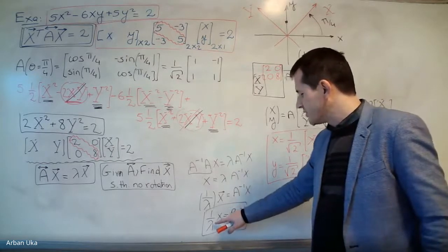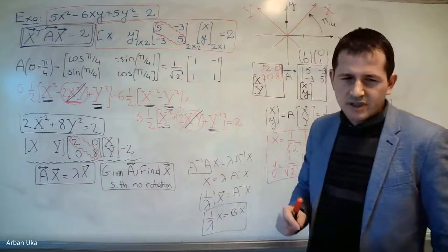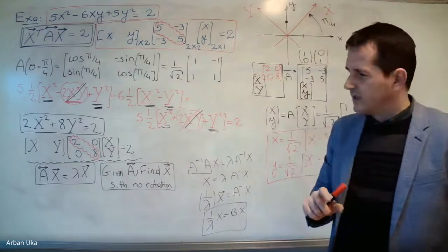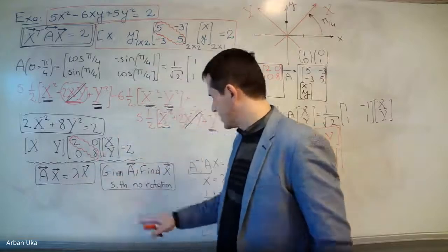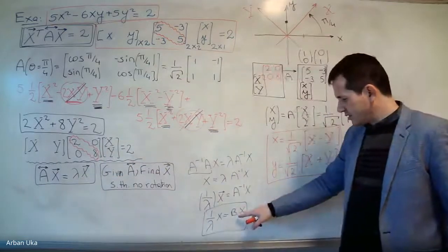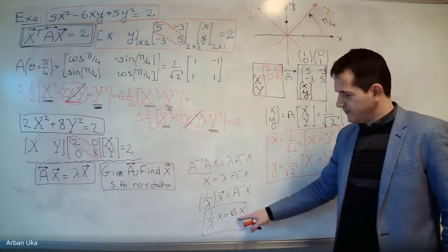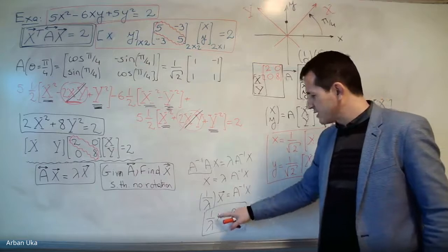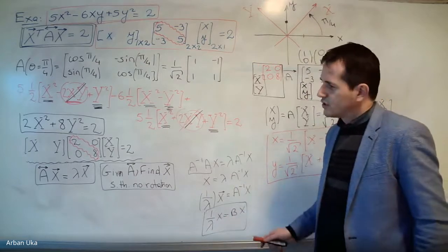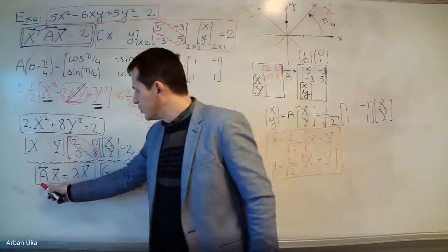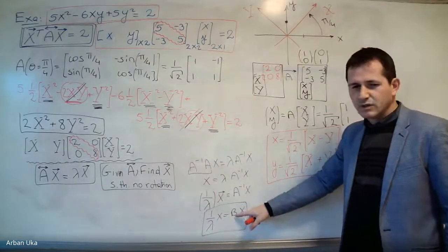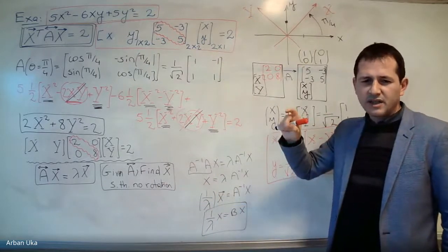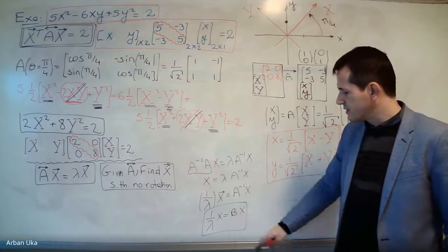Let's assume that lambda is equal to 2. That means A times x is equal to 2 times x, but for the other matrix B, B times x is equal to x divided by 2. So the matrix A can magnify the given vector by 2, and the matrix B can divide the original vector x in half.